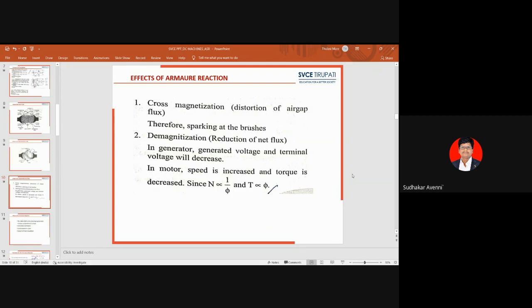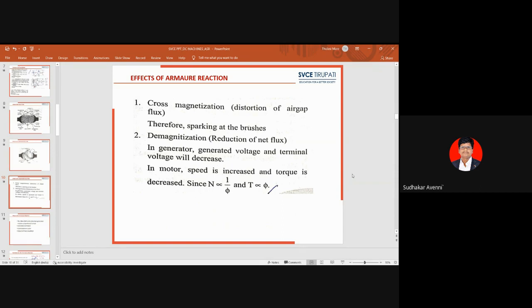Effect of armature reaction: the cross magnetization effect is nothing but distortion of air gap flux, and it causes sparking at the brushes, very, very important. The demagnetization effect is nothing but reduction of net main field flux. In a generator, the generated voltage and terminal voltage will decrease.